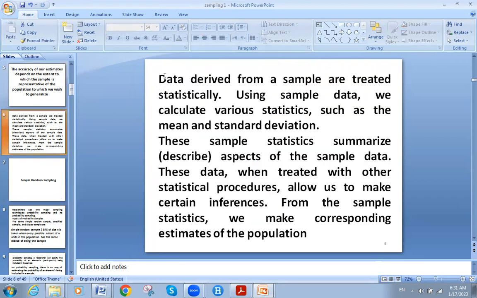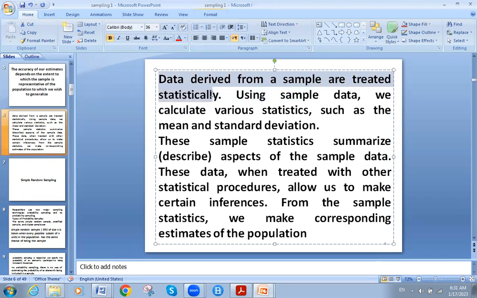Data derived from a sample are treated statistically. Using sample data, we calculate various statistics such as the mean and the standard deviation. So we usually try to find out the gap between the sample and the population, because the larger the sample is, the more precise the results will be for the population.